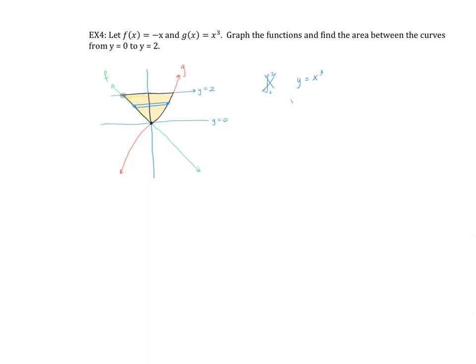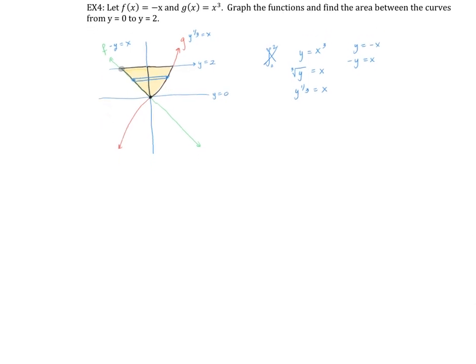So this is going to be the cube root of y equal to x, or in other words, y to the 1/3 is equal to x. So y to the 1/3 equal to x would be my g. Now my f can be written as y equal to negative x. And I'm supposed to solve for x, so it's actually negative y equal to x. So that would be our f, negative y equal to x.